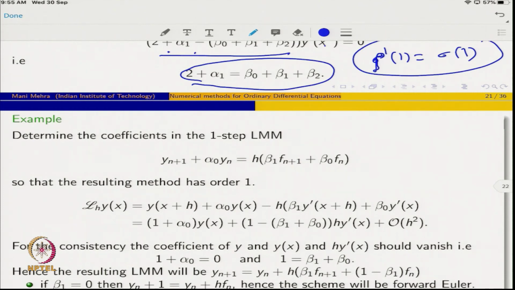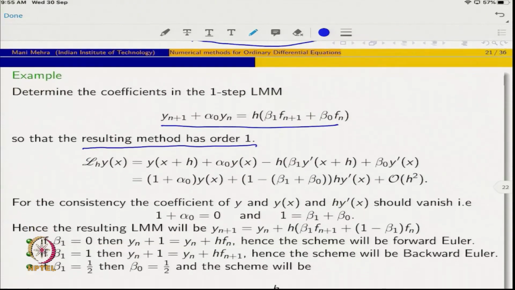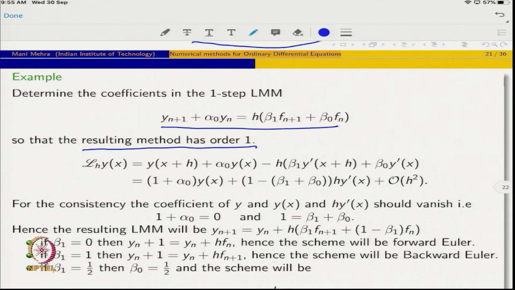Determine the coefficient in the one step linear multi-step method and we are fixing the order, that the resulting method has order 1. So, with the help of this example you will also learn how to determine the coefficient. Of course, this time just for simplicity I have kept only one step method.